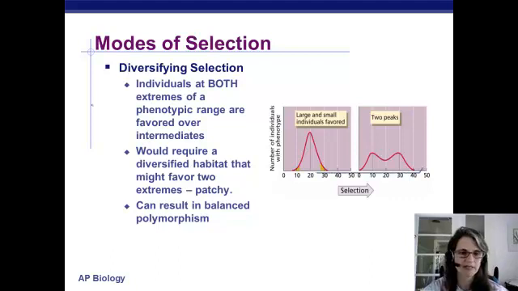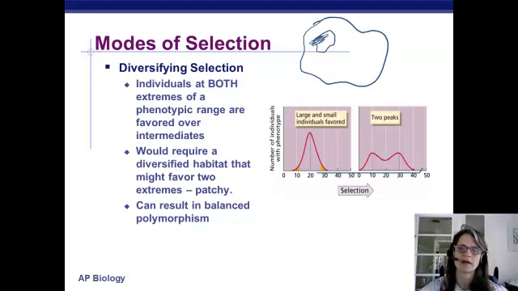Now, diversifying selection is kind of strange. You need to think of a patchy situation where maybe there's habitat that is dark, but then there's spots of habitat that are light and dark and light and things like that.